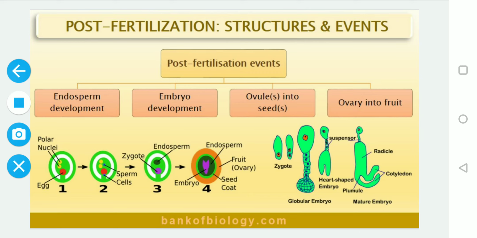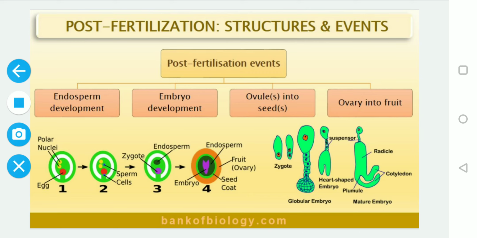Then after that, post, that means after fertilization. Got it? Here they have given it briefly in the diagrams. Are you observing? Observe briefly. Later we will discuss one by one.